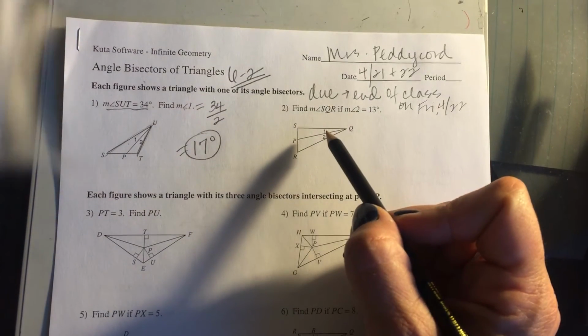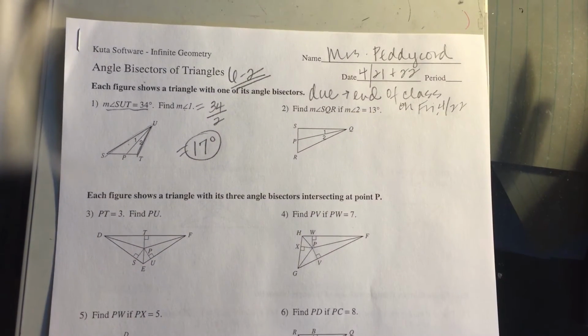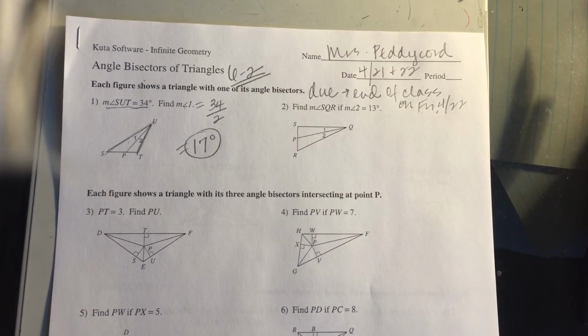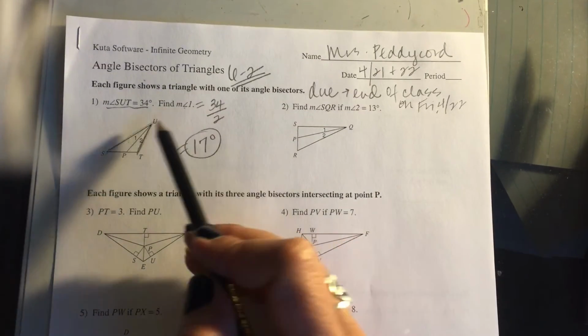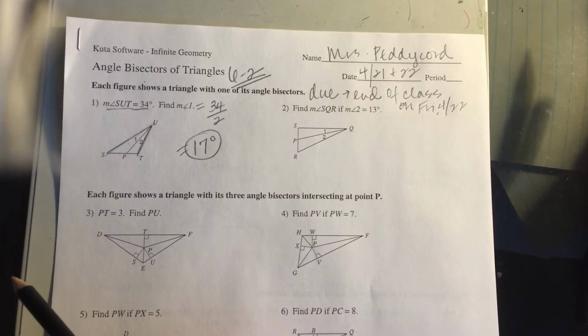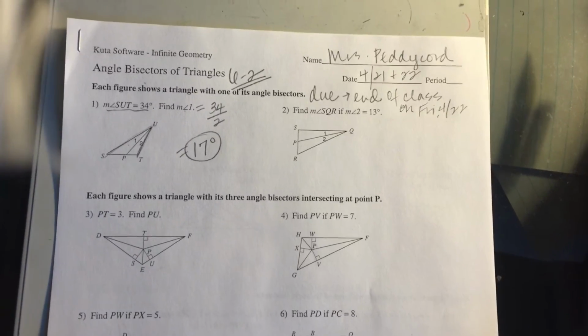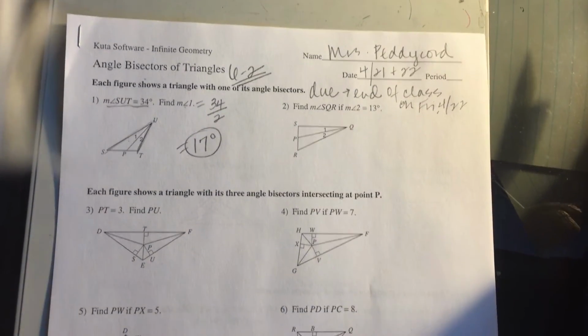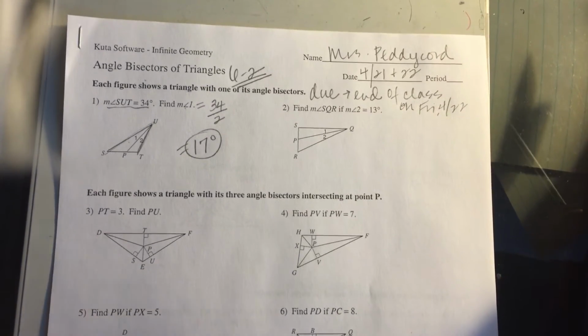In the case of a problem like number 2, you actually are given one of the measures and you've got to deal with that to find the entire measure. You're given one part, you have to find the whole. So just make sure that you're reading carefully about what each question is asking for, and that you're also showing evidence of your thinking. It's just a measure of accountability for your work.